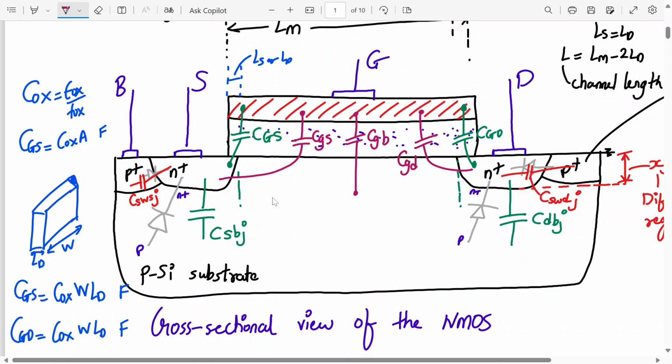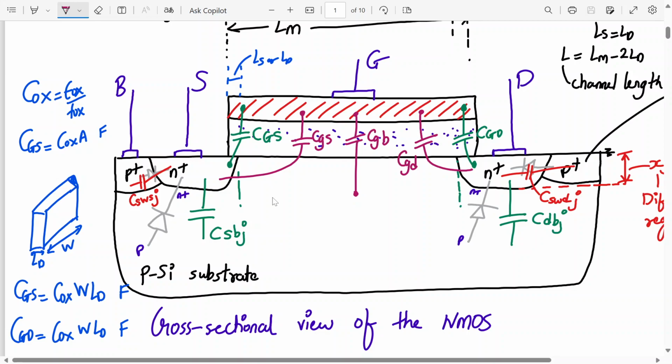So these are the three capacitances which are present: gate to source, gate to body, and gate to drain. They are present because of the availability or non-availability of the n channel, and so on. So they are distributed across the gate length. Let us understand how they are distributed.